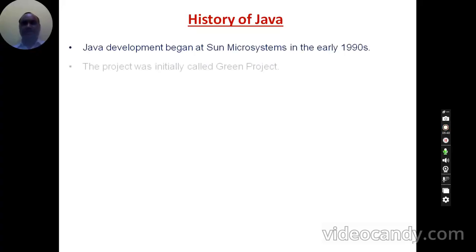Now we will concentrate on the history of Java, and why it was developed by James Gosling. In the early 1990s, Sun Microsystems got a project: they had to write a program for TV set-top boxes.